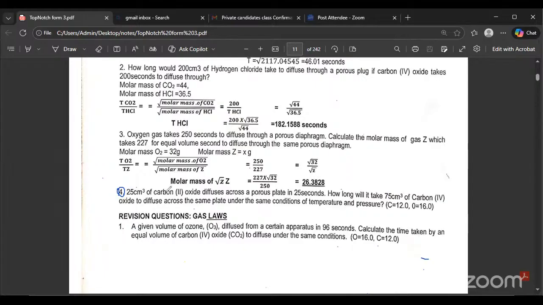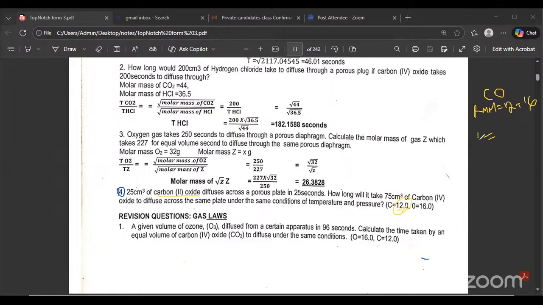So this one is carbon dioxide, which is written as CO2. I'm going to solve that one. So RMM for CO is 12 plus 16, from carbon 12 that has been given here, plus 16. The RMM is how much? 28.